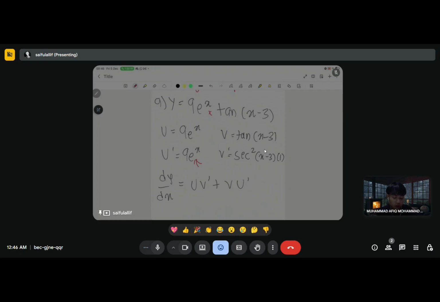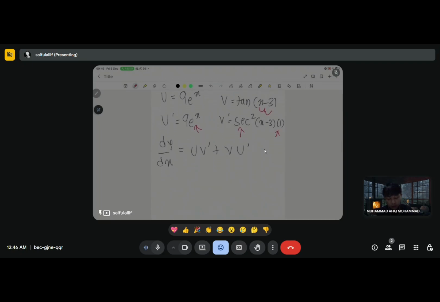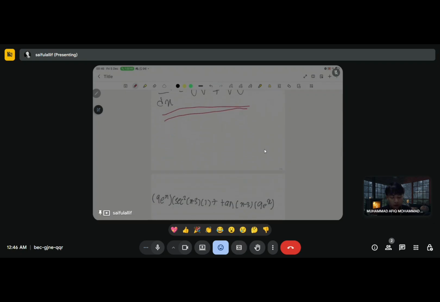Tangent will turn to sec^2, so sec^2 x minus 3. But we also need to differentiate x minus 3, so it will become 1 here. As I said before, I'm using the product rule, and this is the product rule formula: dy/dx equals uv' plus vu'.